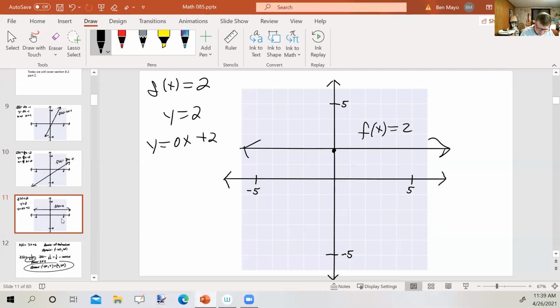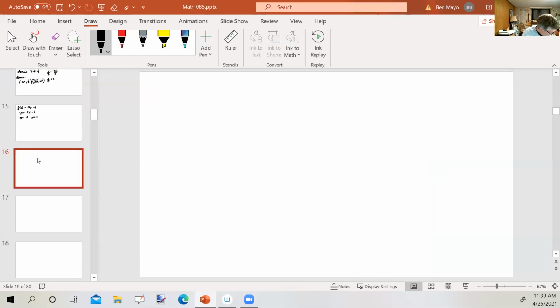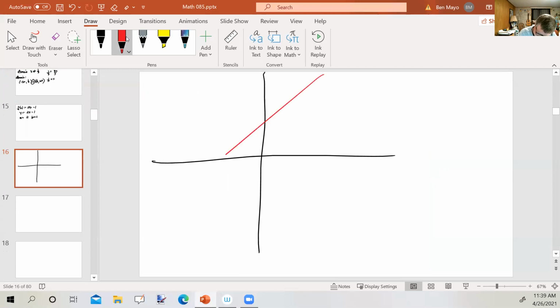Okay, now we're going to look at some information, and on the way we're going to review a lot of concepts from beginning algebra. First of all, let's talk about x and y intercepts. What are x and y intercepts? Well, if you have a graph, where it passes through the x-axis would be the x-intercept.